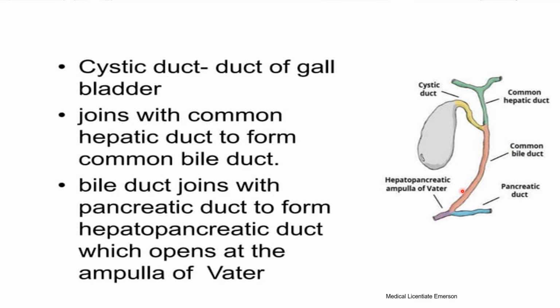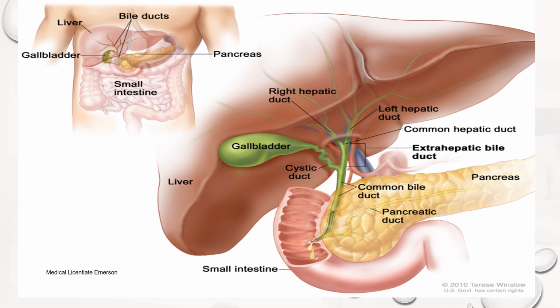So the common bile duct and the pancreatic duct are going to join together at the ampulla of Vater, then finally into the duodenum.